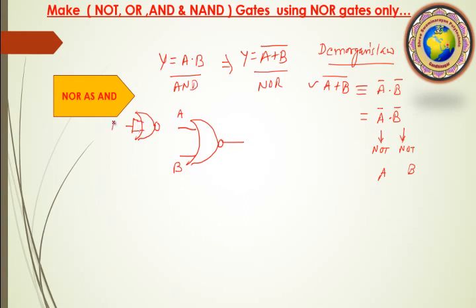I take a NOR a, so here I change a to a bar. Same way I take b as an input and convert into b bar form. So now the output is (a bar plus b bar) whole bar.